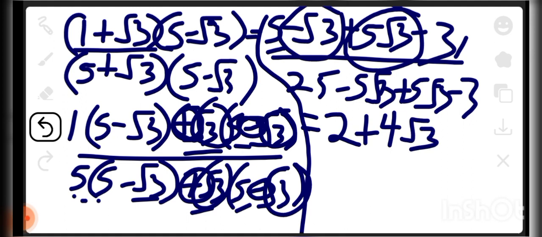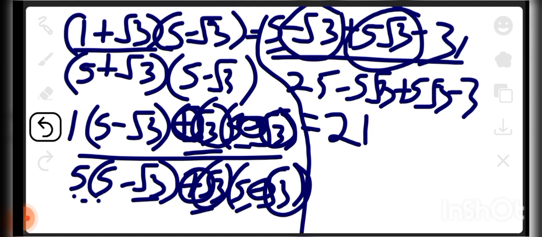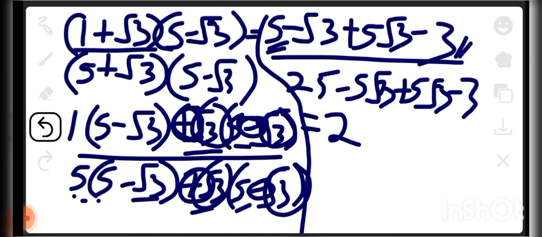Root 3. Then over 25 minus 3, that is 22. Then minus 5. Okay, let me just cancel so that you see it very well. Okay, I will cancel everything. 5 minus 3, that's 2.